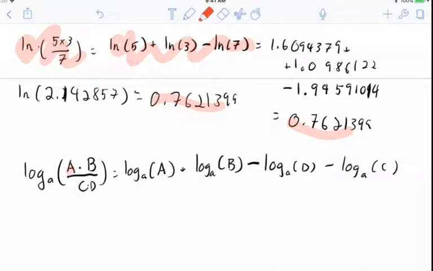These things, I mean, multiplication and division are all kind of related, right? So if things are multiplied, you can break them up into pieces. Each one of them gets its own log term. The ones in the numerator get pluses in front of them. The ones in the denominator get minuses in front of them. Okay? So this is a super handy rule. Where does it come from? That's a good question. Don't worry about it right now.